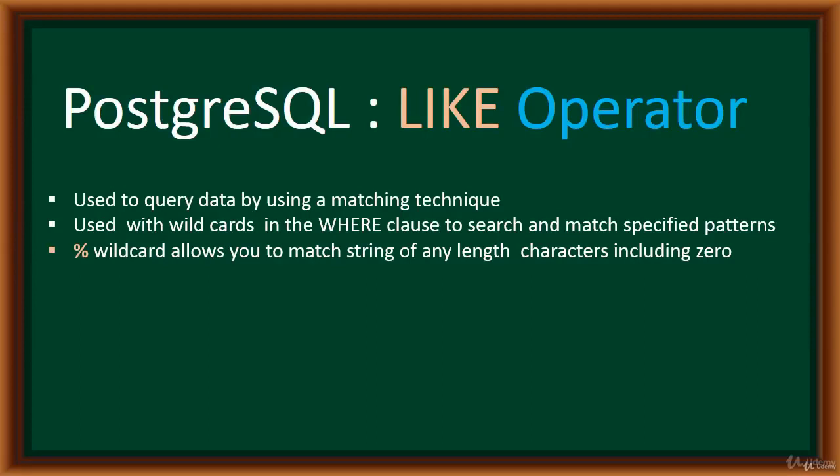The other wildcard that is used with the like operator is the underscore. The underscore is used to match a single character. It represents a single character.